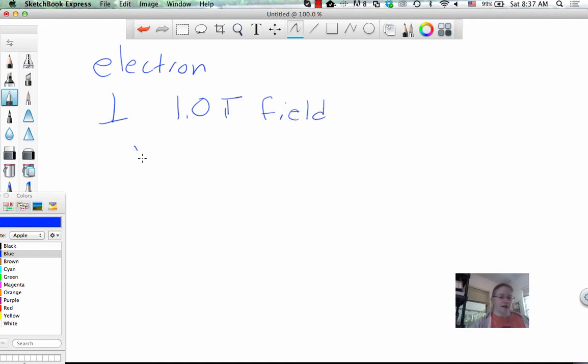The electron has a velocity of 1 times 10 to the 7th meters per second. And the question is, what is the magnitude of the force? It's a pretty straightforward question.